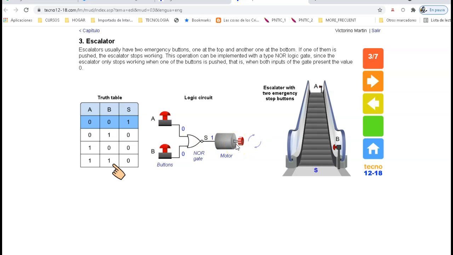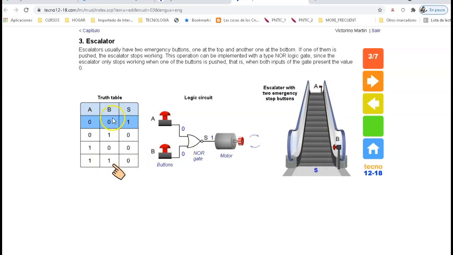But if I press any of these two, for example, in this position of the truth table, if I press B, the motor is stopped because I have 0. If I press A, the motor is stopped, the motor is 0. And if I press both, if two people want to stop the escalator, it is off.